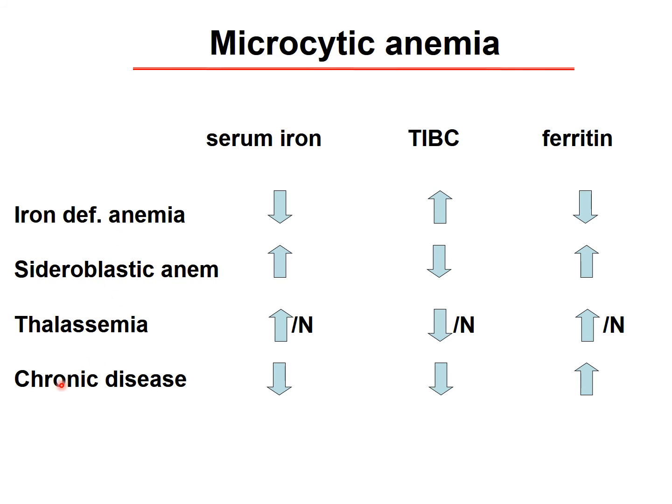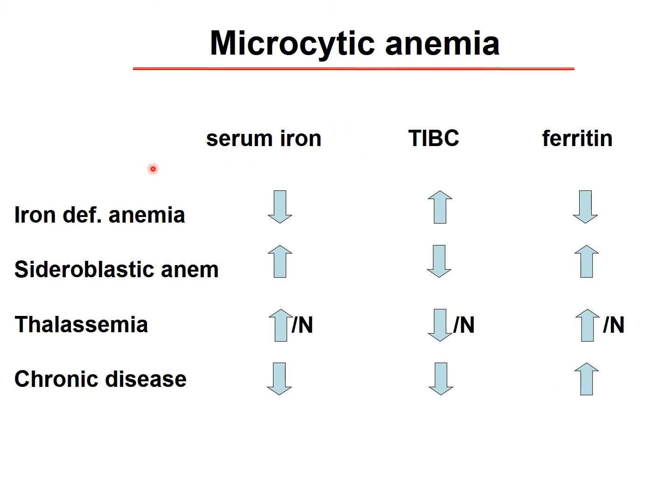In case of chronic disease, let's see this first. In chronic disease, we do have less iron, fine. We do have less total iron binding capacity. Why? Because we have less transferrin. And the ferritin level is increased because we do have the hepcidin, and hepcidin does not let the stored iron get out from the white blood cells.